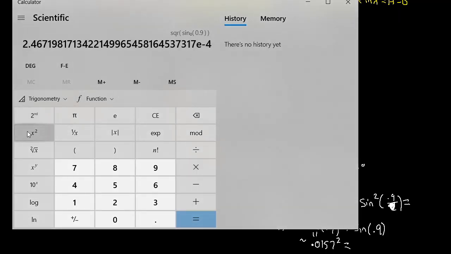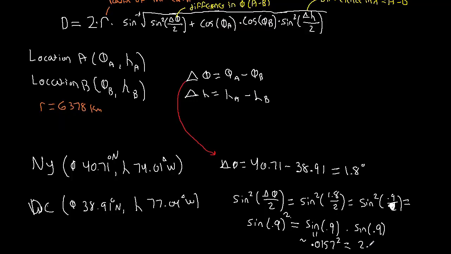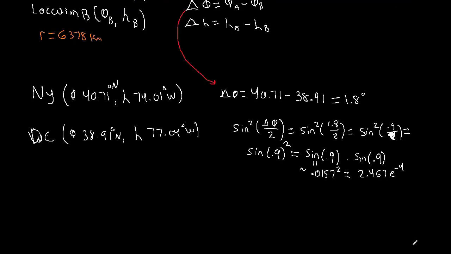If we multiply that by itself, if we square that, we click the squared button. We get 2.467 e to the negative 4. Now, if you've never seen e's on a calculator, this is just the same as saying times 10 to the negative 4.